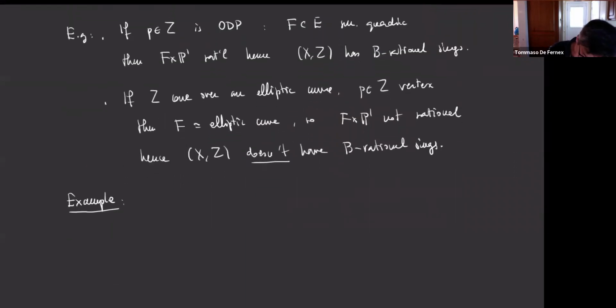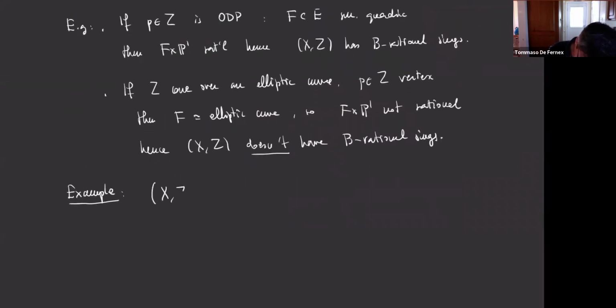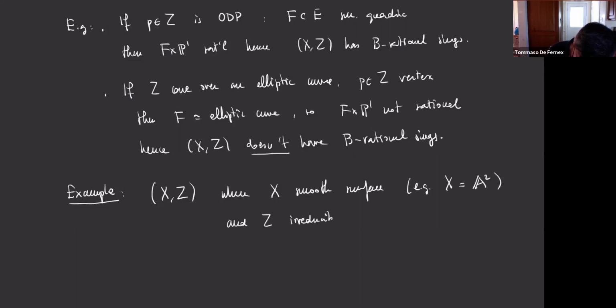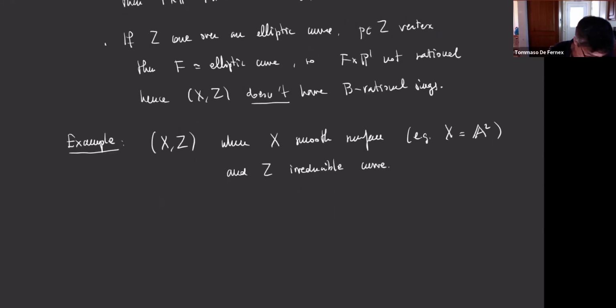So let me give you another example. Look at a pair XZ where X is a smooth surface, say X is equal to A2, and Z is an irreducible curve, possibly singular.